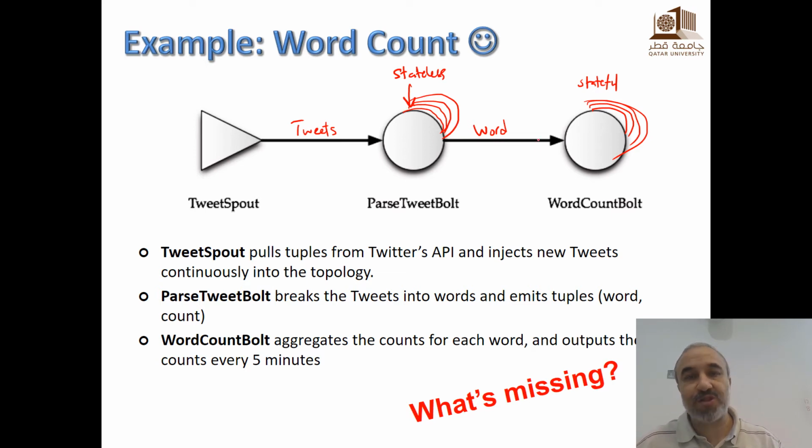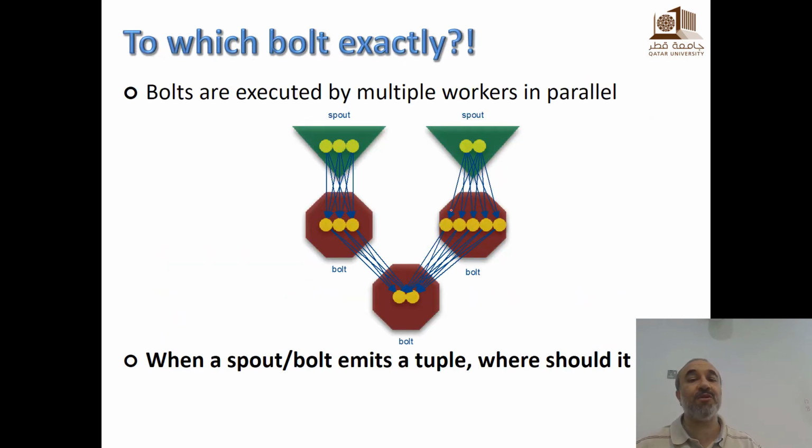So what is missing here is how the stream is distributed between these two bolts. Or in general, each link here, how the stream is partitioned, is distributed. So this is what is missing. To which bolt exactly? Here we represent the tasks by nodes inside the bolt or the spout.